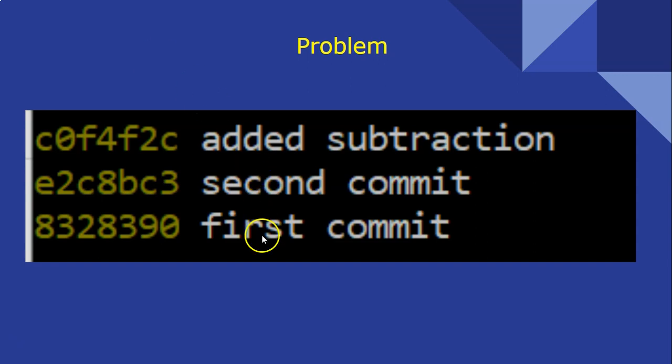Like here you see there are 3 commits. Many times we write them as first commit, second commit, or sometimes added subtraction, or just a very shallow message.